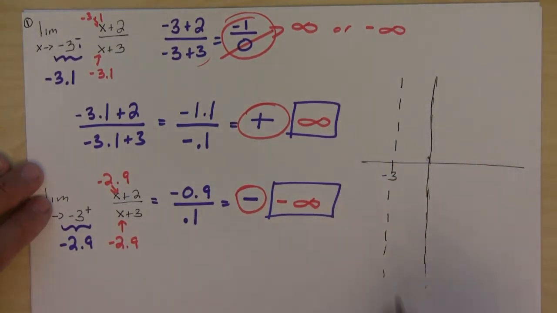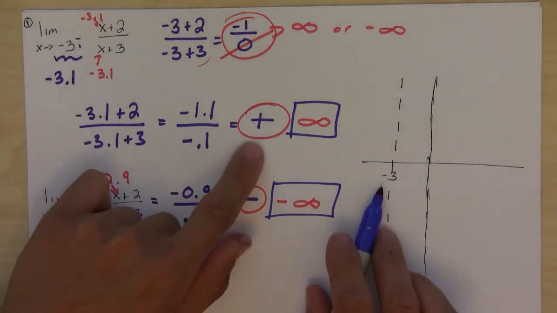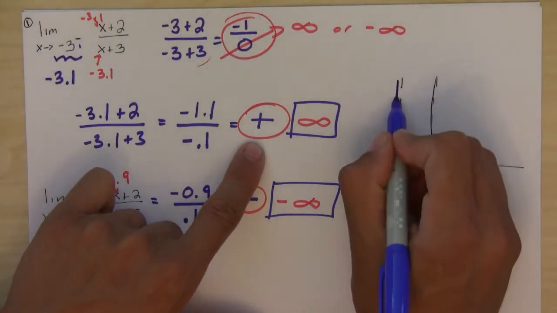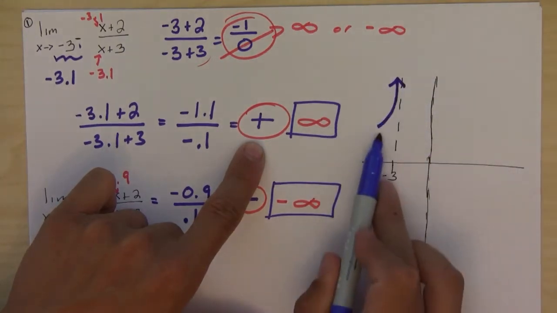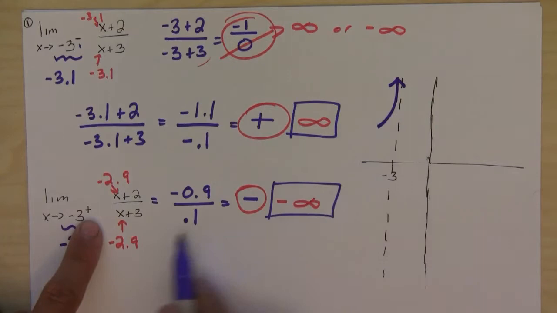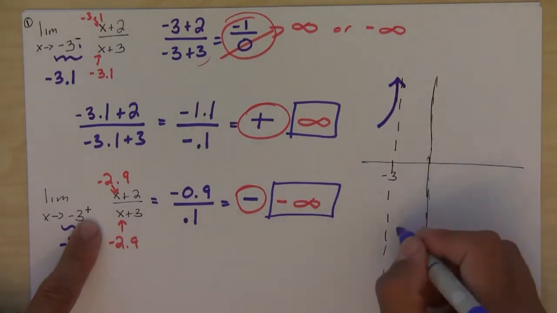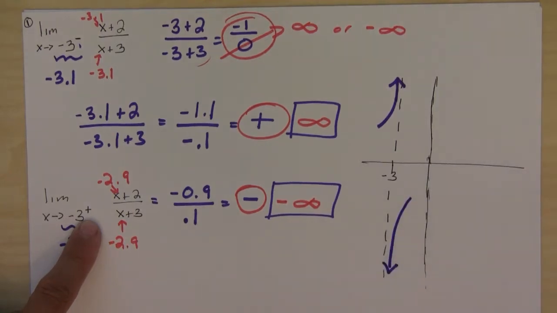As we approach -3 from the left, this function is going to positive infinity, so it's going up as we approach the vertical asymptote from the left. But as we approach from the right, this one's going to negative infinity, which means it's going down on that vertical asymptote from that direction.